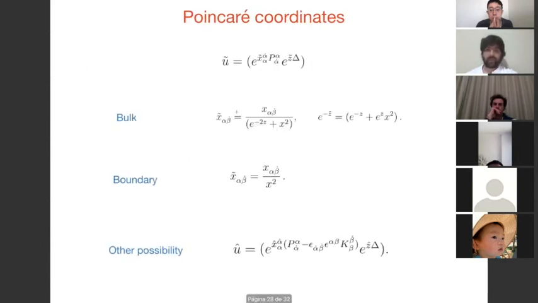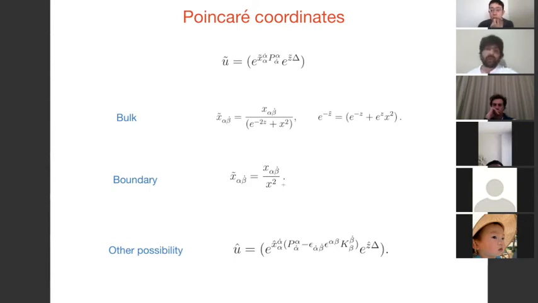In the Poincare coordinates, you have the P's, so the X has the right conformal dimensions, right? And you can map these two kinds of coordinates to Poincare coordinates, and at the boundary it is just the inversion.